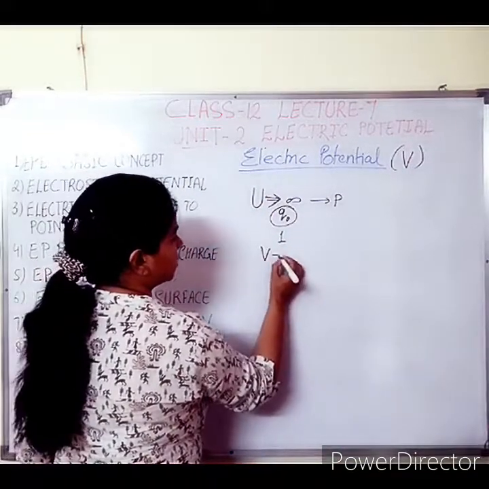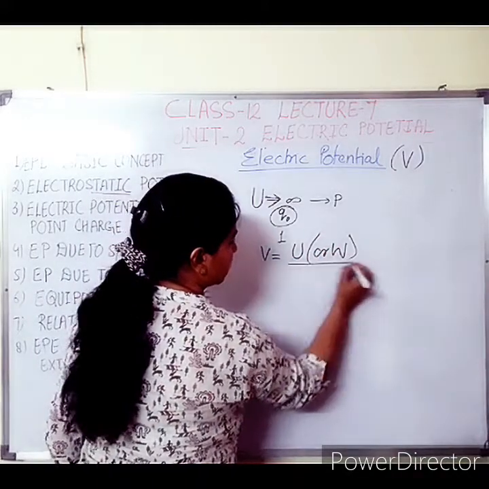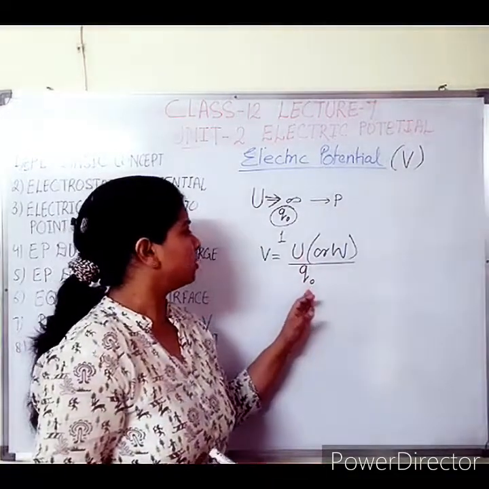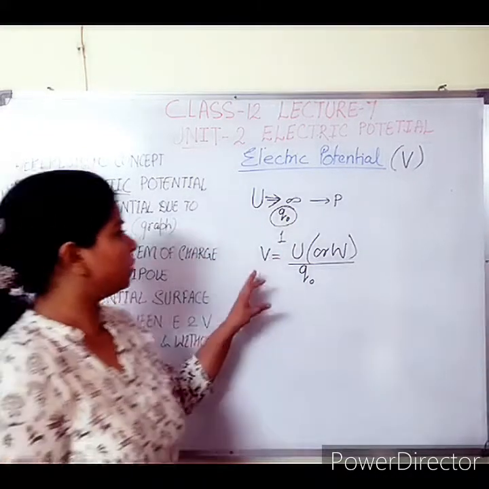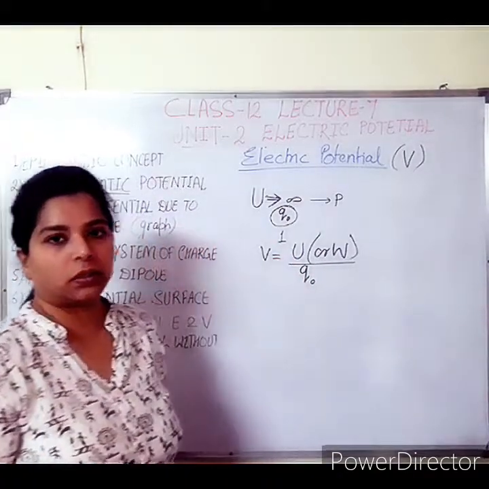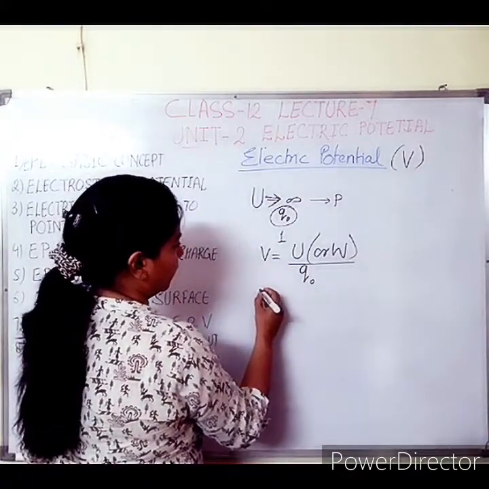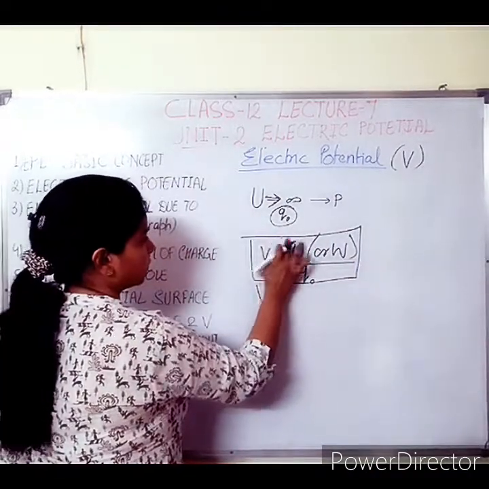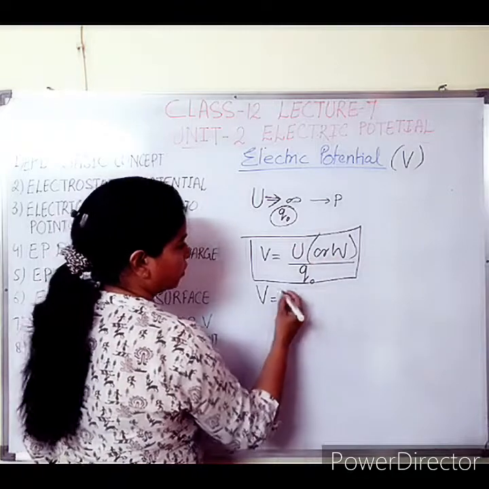So we will write the formula as U or W divided by Q naught. How will we get the unit positive charge? By dividing the U value by Q naught. So the basic formula for electrostatic potential is V equals U divided by Q naught, or W by Q. Remember this basic formula.